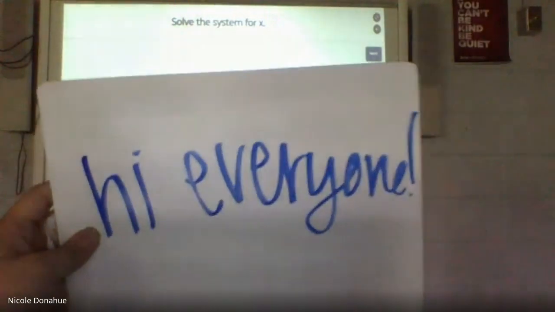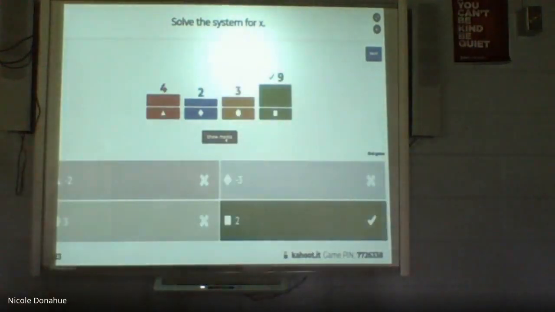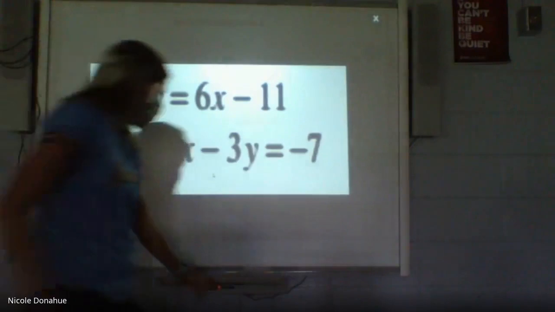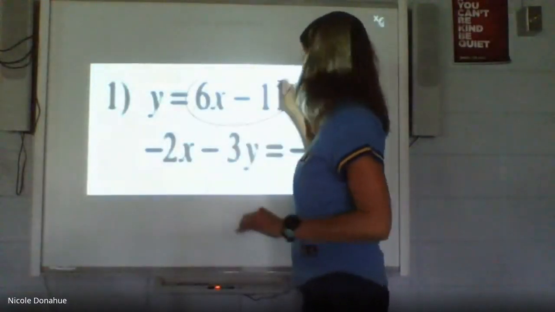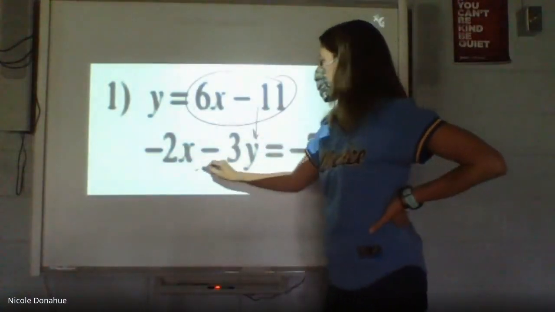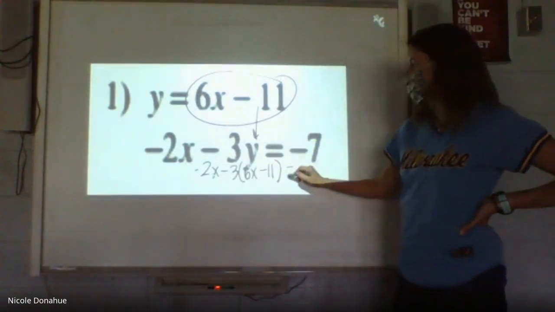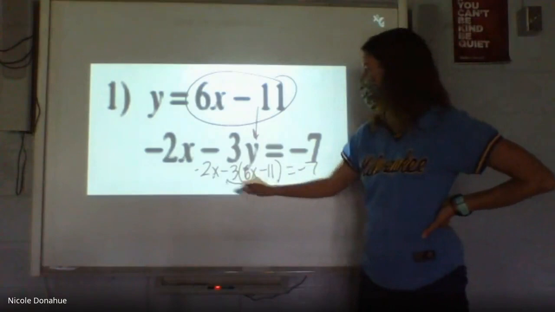Okay, guys, in this one, you have to substitute that in, but careful, you should be substituting for y, not for x. So this goes here. So negative 2x minus 3 times 6x minus 11 equals negative 7.